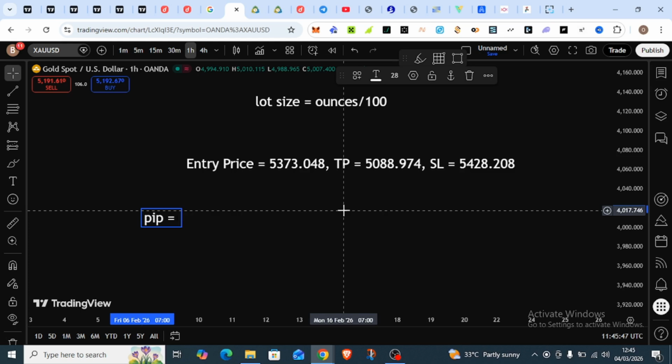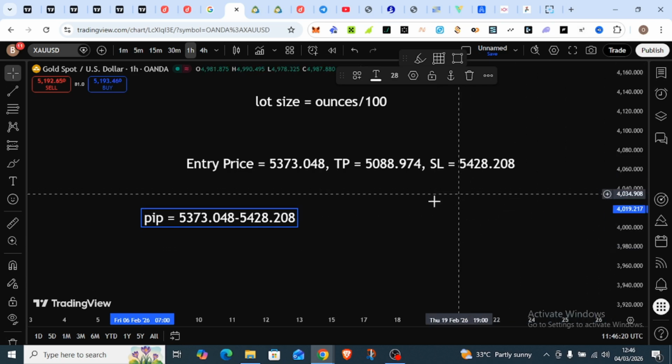So let's write 5373.048 minus 5428.208. Let me show you the movement we are calculating.